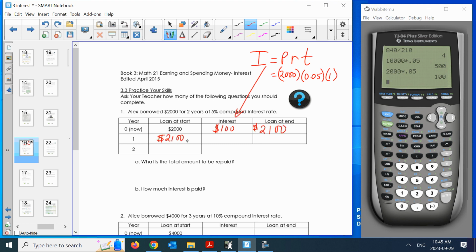Now that turns into I equals PRT, and this one is 2,100 times 0.05 times 1. You see what we're doing here? Then I put that into the calculator. It's $105, because it's being charged interest on the interest added in.